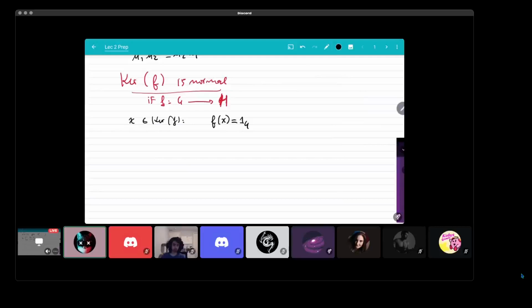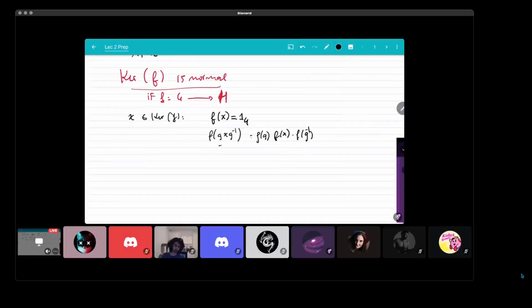Wait, why is it normal? Not sure. f of g x g minus 1 is f of g times f of x times f of g minus 1, for any g. So the normality check is to check if g x g minus 1 is in the kernel, and this follows from the group homomorphism property, and this is equal to 1 because we supposed that x is in the kernel.